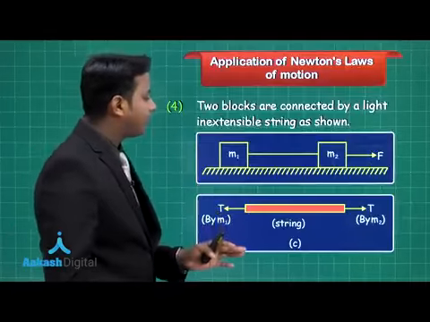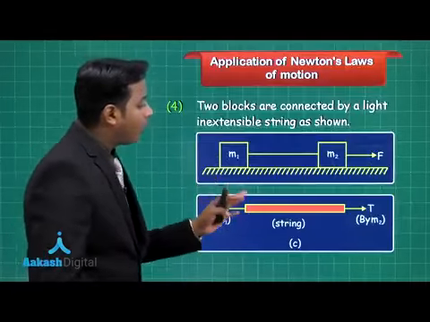I can also draw the free body diagram of the string, and clearly on the string there is a tension towards right and a tension towards left, and both the tensions are equal. Also, the string is massless, so there is no need to study the motion of the string. Now finally, what we have got is the acceleration of each block.